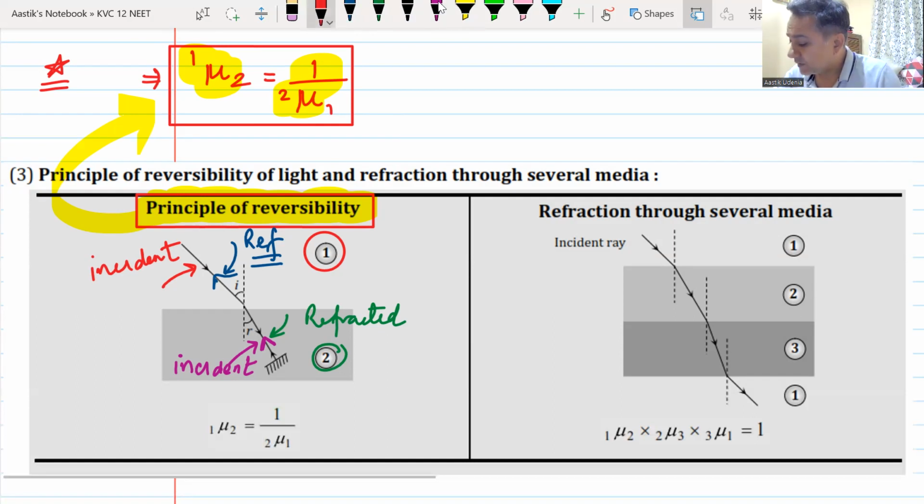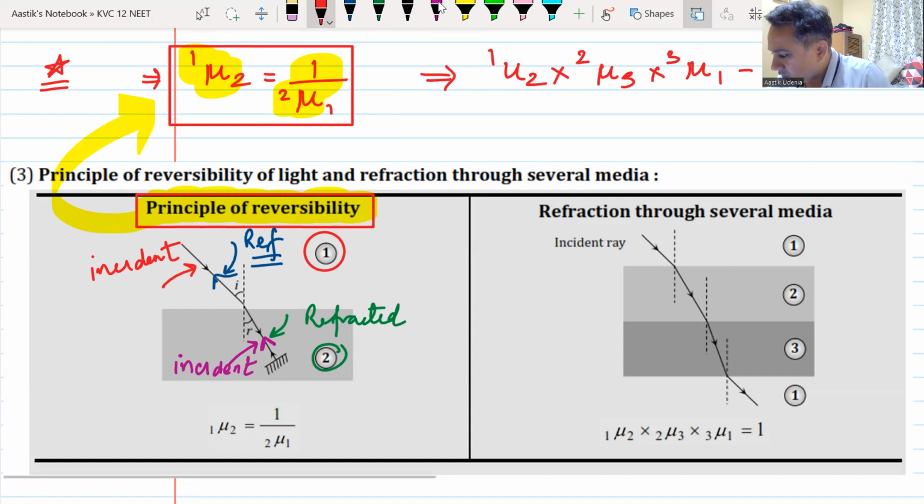Now remember the second principle. Refractive index of 2 with respect to 1 multiplied by refractive index of 3 with respect to 2 multiplied by refractive index of 1 with respect to 3. If I keep on doing this, what will I get? Just see, refractive index of 2 with respect to 1 will be mu2 by mu1.